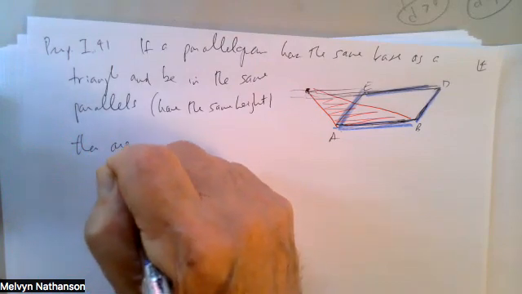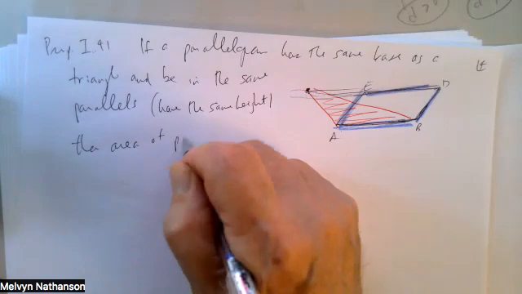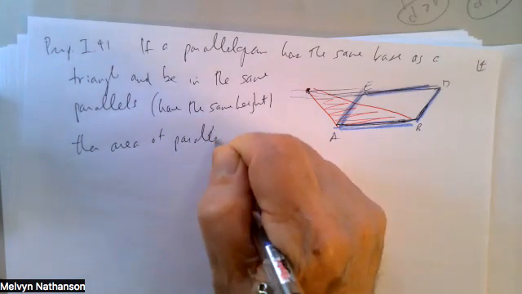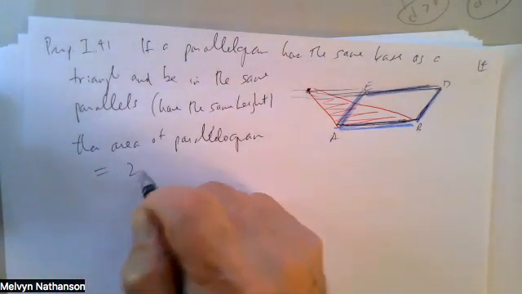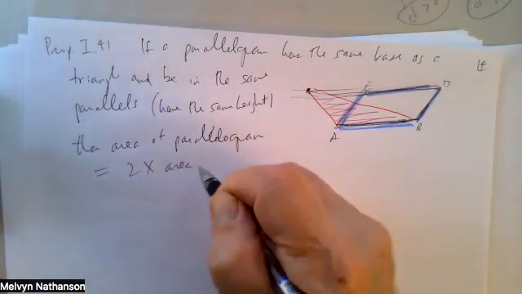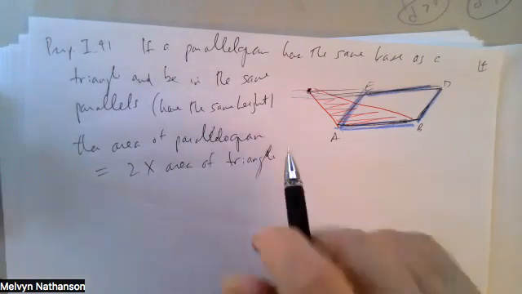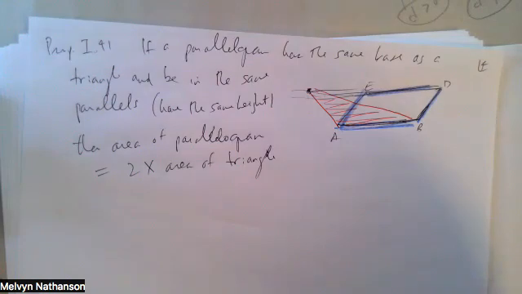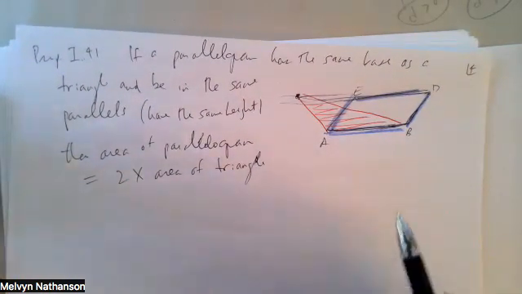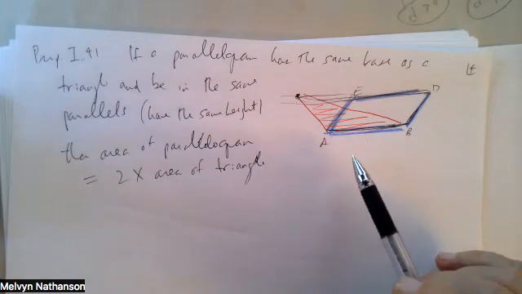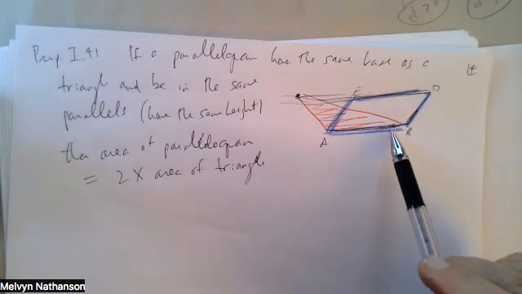Then the area of the parallelogram is equal to twice the area of the triangle. Now, again, you know this before you've seen it in Euclid, because they teach you somewhere in school the area of a parallelogram is the base times the height.